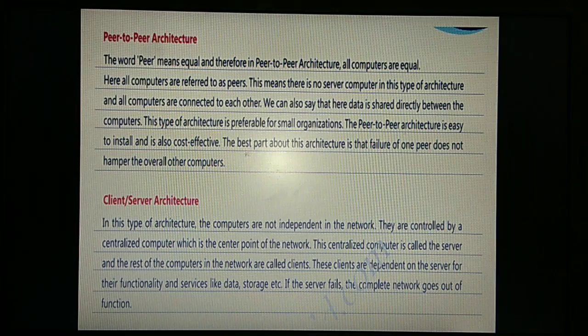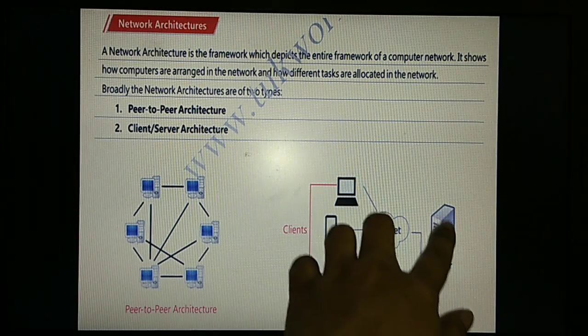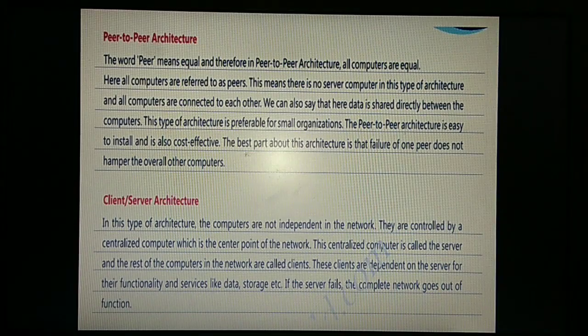They are controlled by the centralized computer, which is the central point of a network. This centralized computer is called the server, and the rest of the computers in the network are called clients.